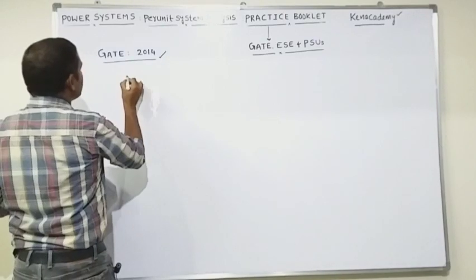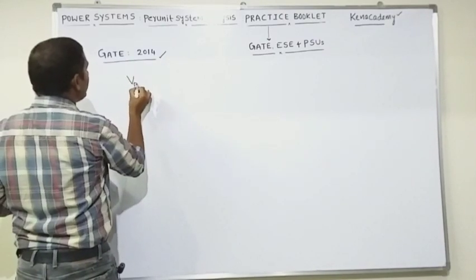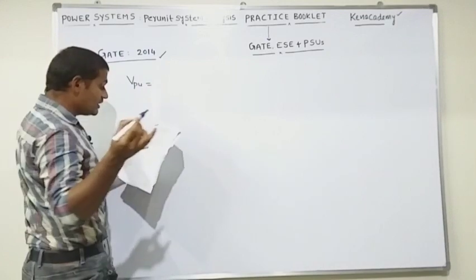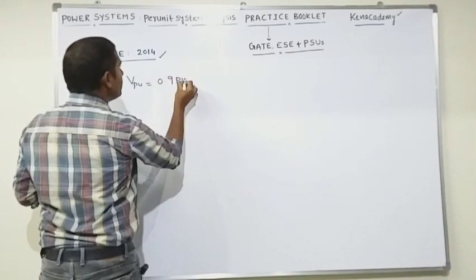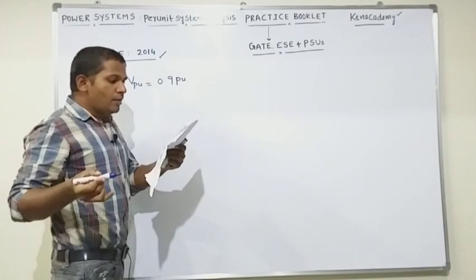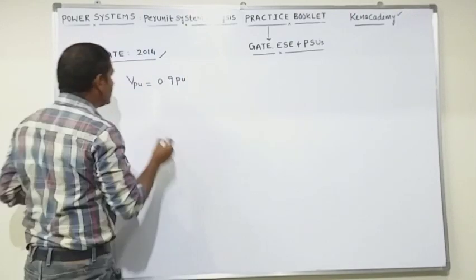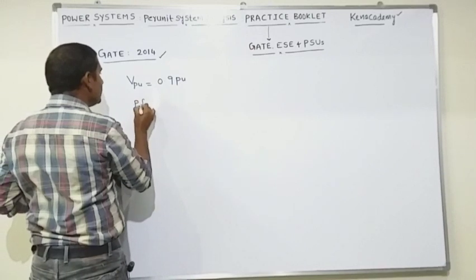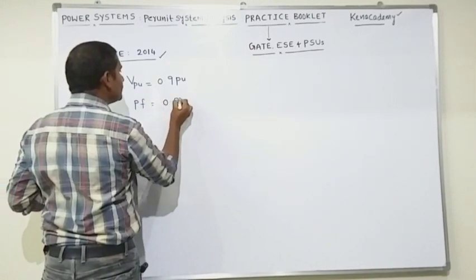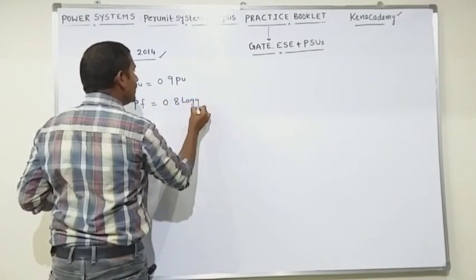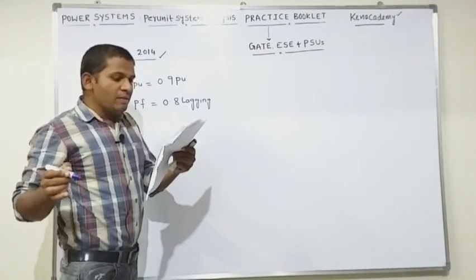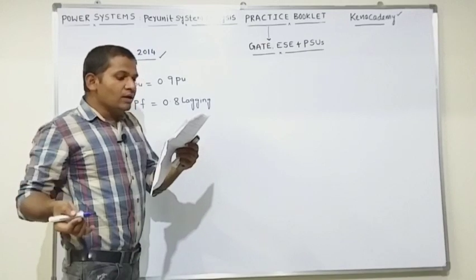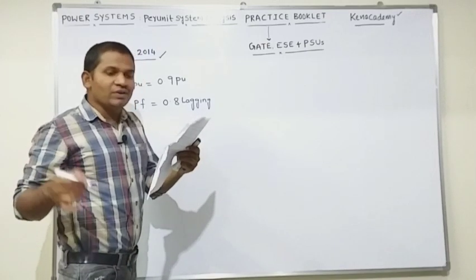That is, the per unit voltage is given as 0.9 per unit, and the power factor is 0.8 lagging.